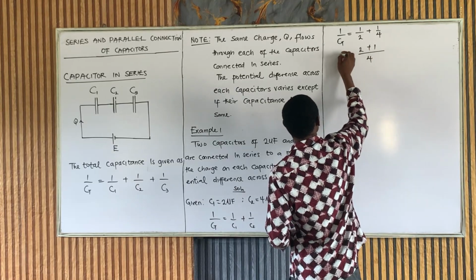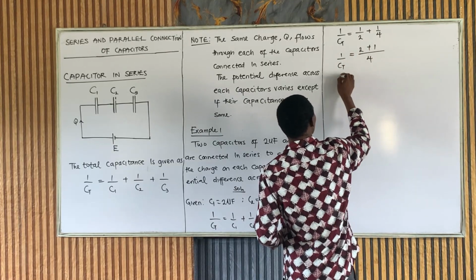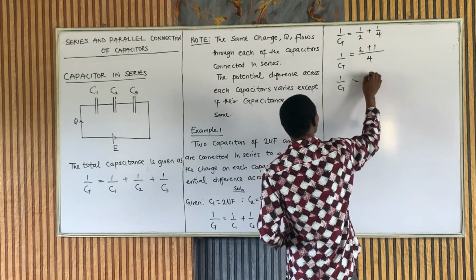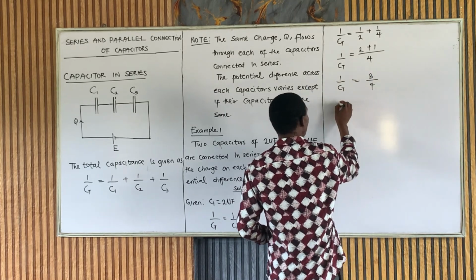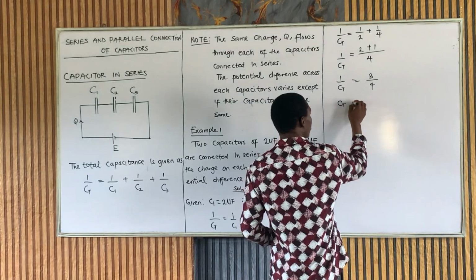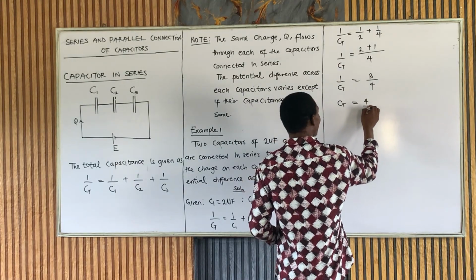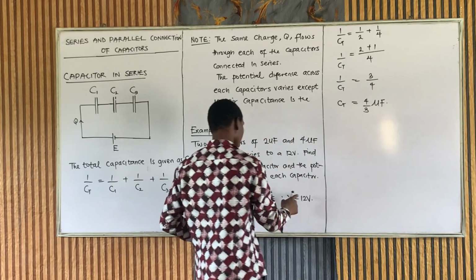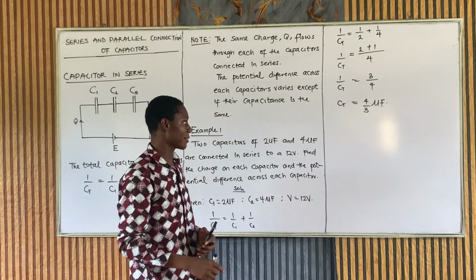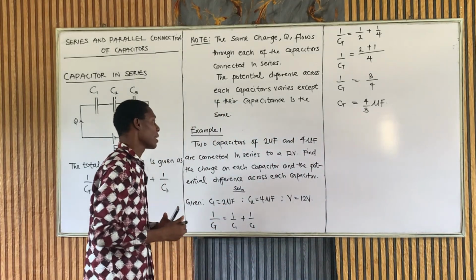So this just gives us 1 over C total is equal to 3 over 4. You can invert this. This will be C total over 1 is equal to 4 over 3. Then put your microfarad, because they all have microfarad capacitors. So I've gotten the total capacitance.